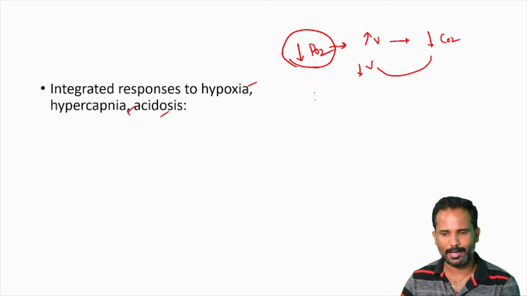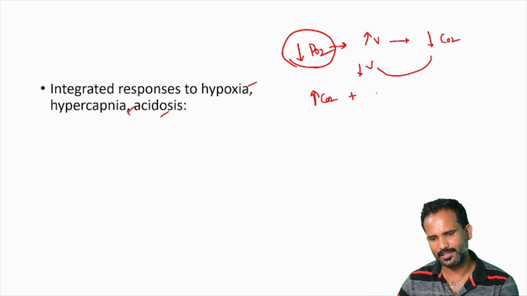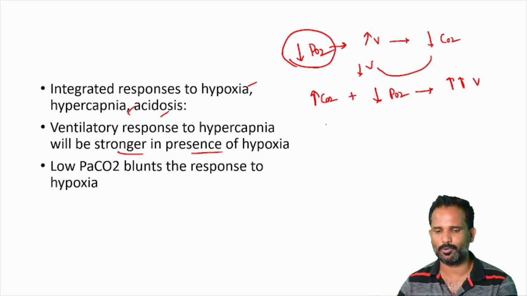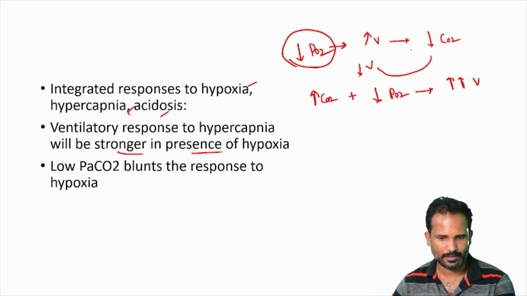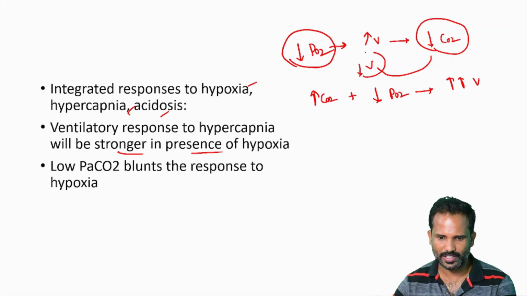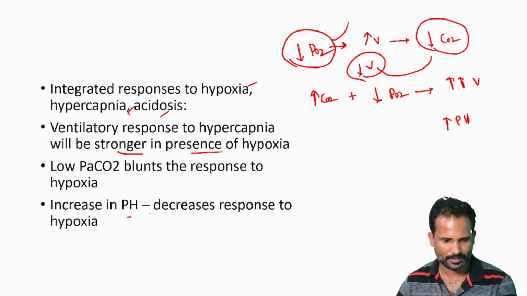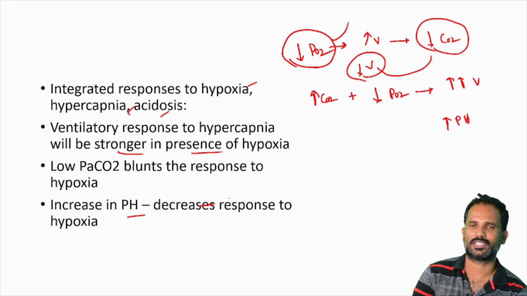Whereas hypercapnia plus hypoxia will cause a marked increase in ventilation, so the response is stronger in the presence of hypoxia. But decreased CO2 will inhibit ventilation even if there is hypoxia. Similarly, increased pH decreases the response to hypoxia.